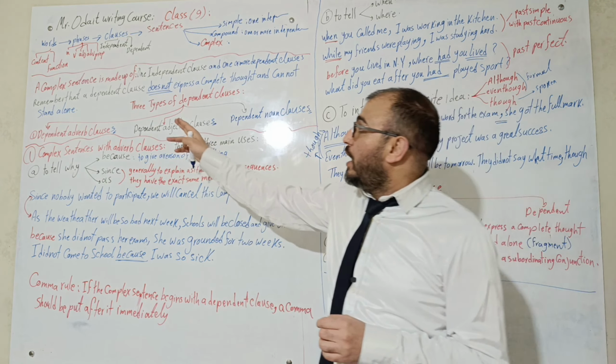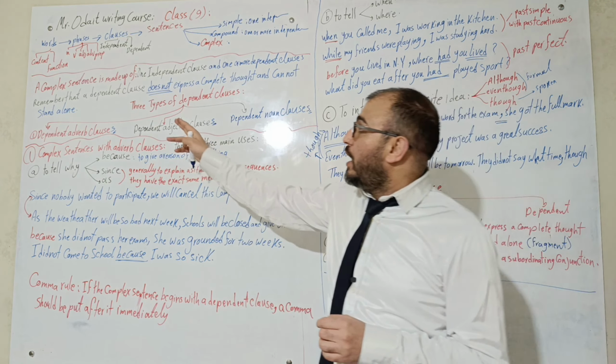That's why we have different types of complex sentences. Again, my friends, why don't we have, for example, types of compound sentences? Because generally we have two or more independent clauses, and here we have dependent clauses in the complex sentences, and we have different types of dependent clauses.